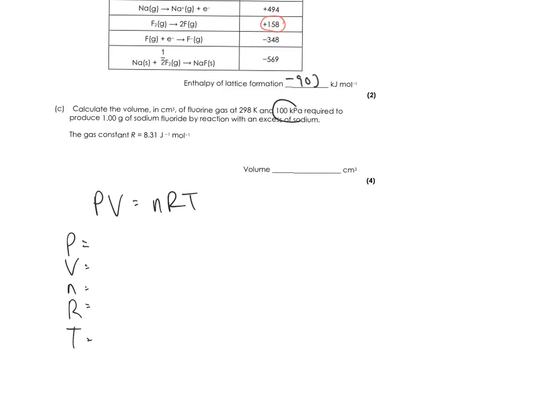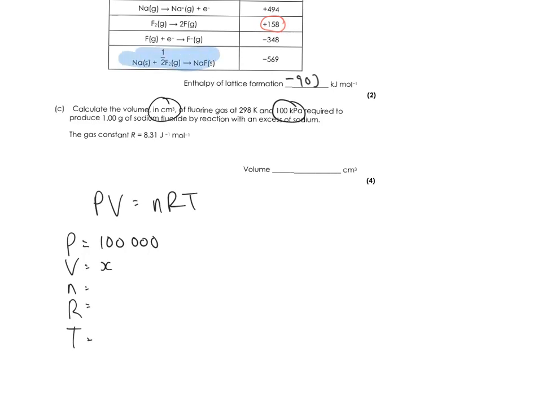So we've been given a pressure, 100 kilopascals, but that needs to be converted into pascals. We're working out the volume in centimetres cubed, so that is x that we're trying to work out. N, we need to work out number of moles. Now the equation that this is referring to, so we are reacting fluorine gas with sodium to make sodium fluoride, which is this one here.